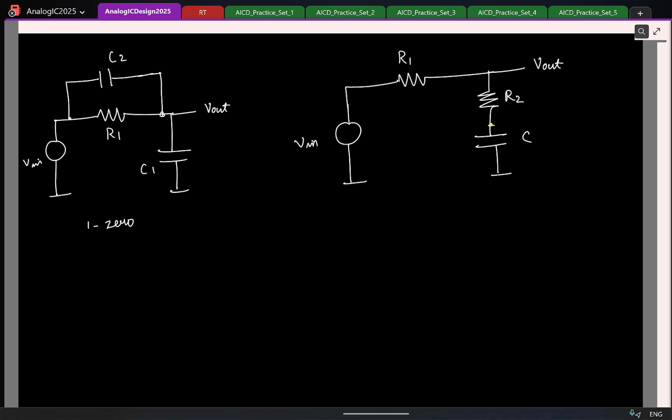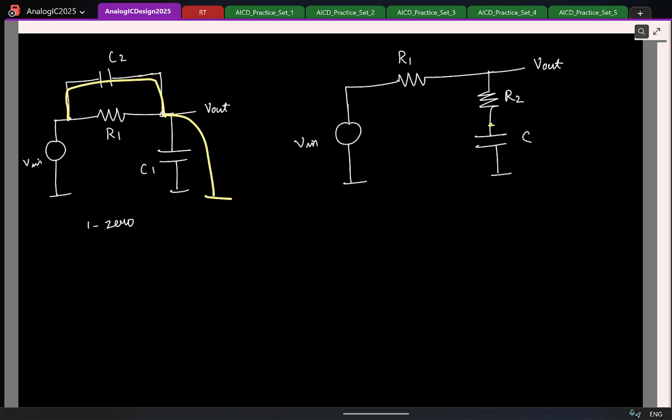Basically, to check if I have two zeros, I should be able to short two capacitors simultaneously. Technically, it should be 0, but I'm not able to decide due to V input. You're basically shorting V in to 0. You can think of it as an invalid connection technically, because you're saying V in equals 0, but you get the point. This is not a connection we are making.